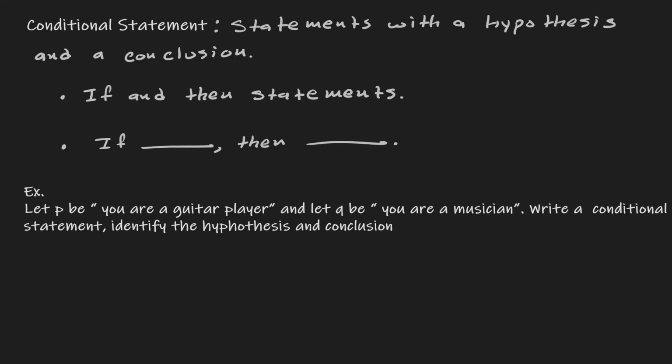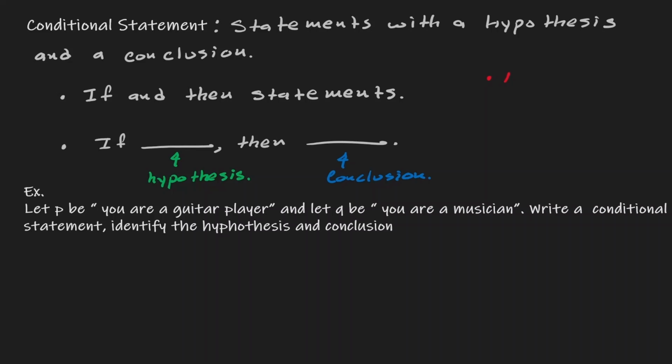The statement in front of the if is what we label the hypothesis, and the statement after the then is what we call the conclusion. Notice that here we need two statements. One of them is categorized as the hypothesis and is right in front of the if, and the second one is the conclusion, which is right in front of the then.